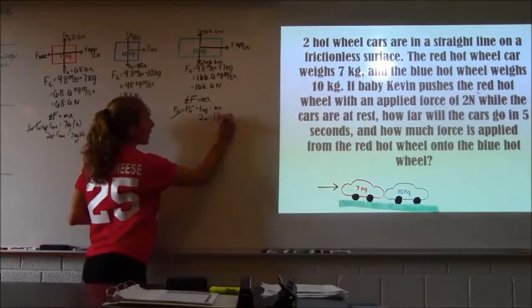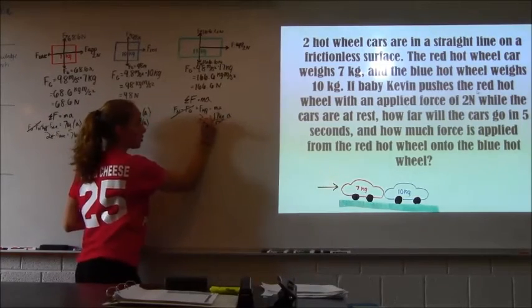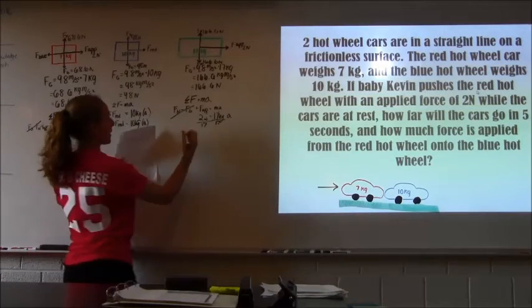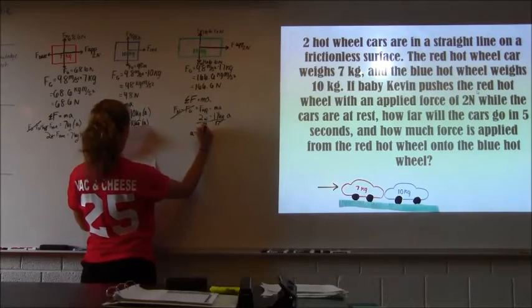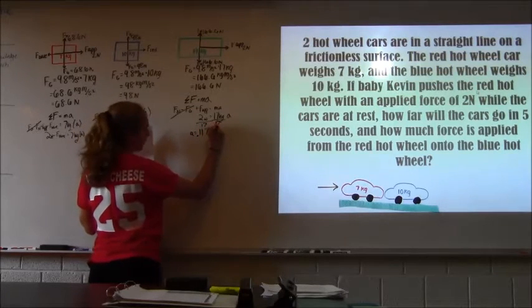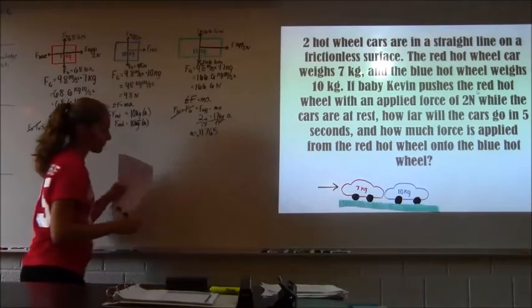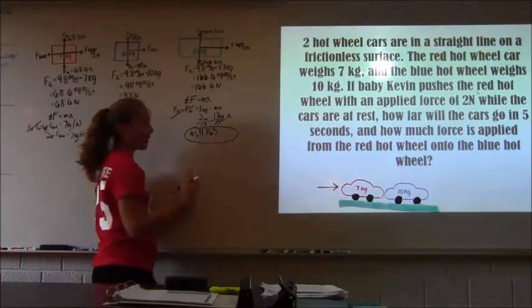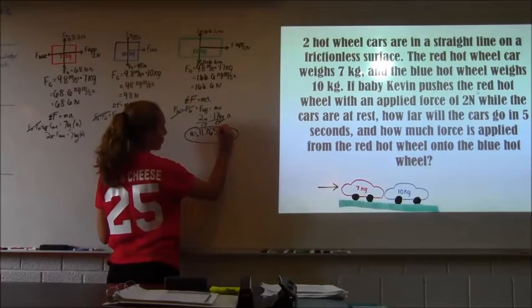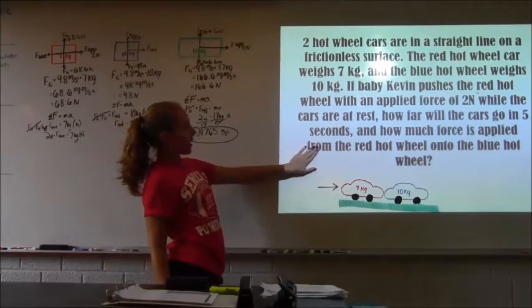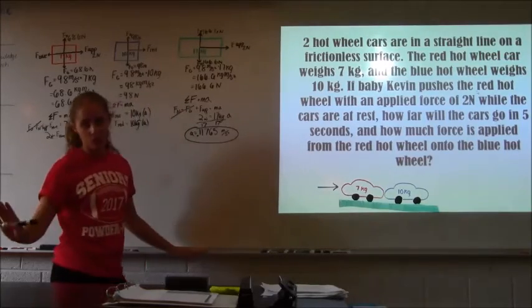So if you divide 2 by 17, you get acceleration to be 0.11765. So that answers the first part of the question, and you should always remember your units, which is meters per second squared.